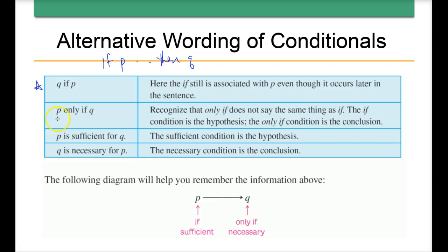Another way is to say P will happen only if Q happens. And then here it says that P is sufficient for Q and Q is necessary for P. Just to throw this in here, when we talk about biconditional statements, if you remember, this is the same as saying if P then Q and if Q then P. When we say it that way, we say that a biconditional statement is both sufficient and necessary.